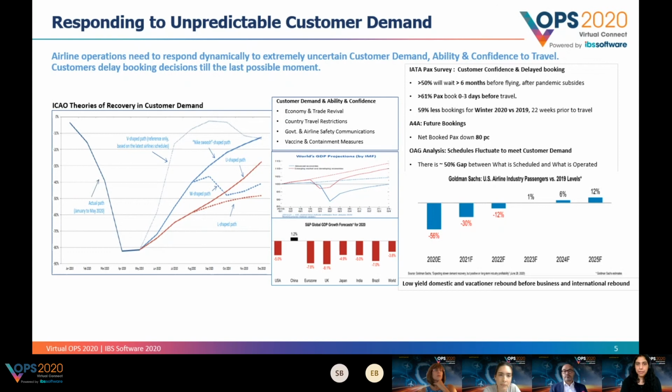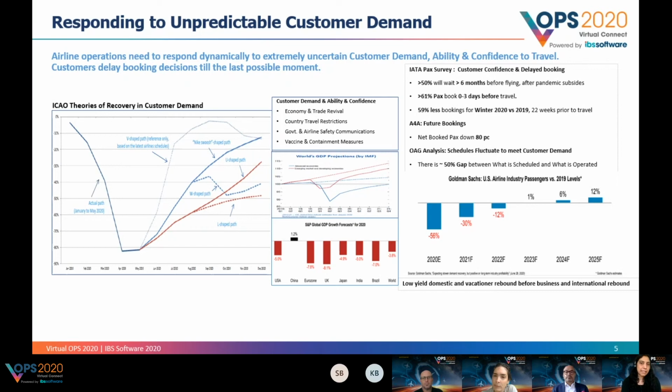Their response will depend on how soon customer demand, customer ability to travel and customer confidence to travel will return, which in turn depends on how fast their purchasing power improves as the economy improves, how fast the country travel restrictions are being lifted, how confident the airline's communication is about the safety of traveling, like Air Canada's safety message that it has been giving out, how coordinated that message is with what the government is saying, and also how soon the containment measures and the vaccines are going to come out.